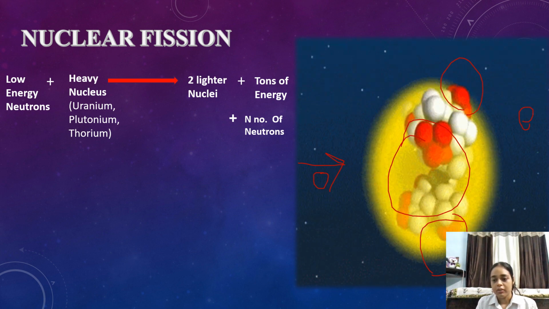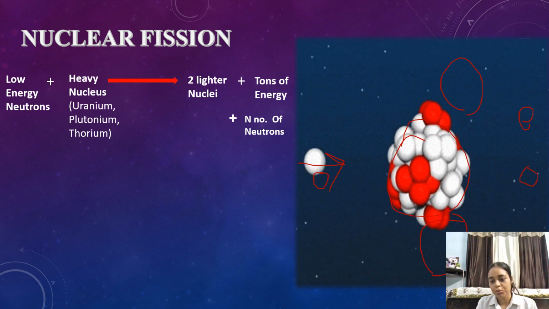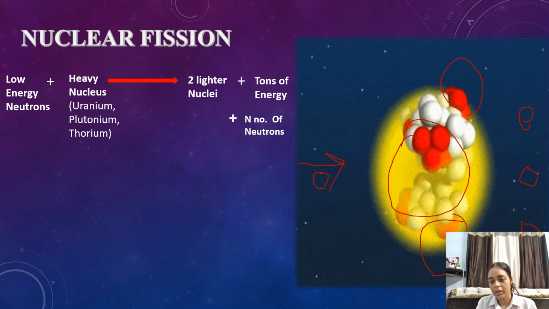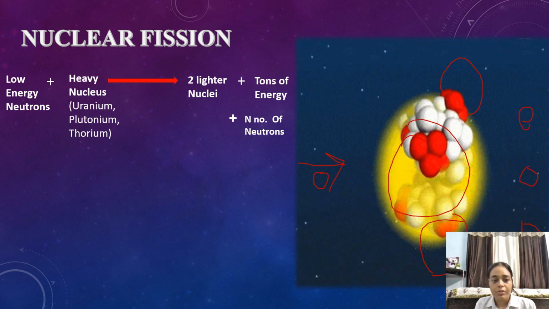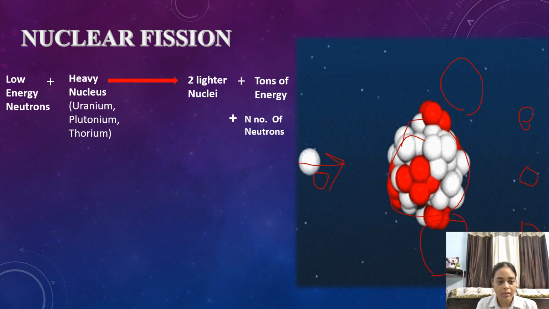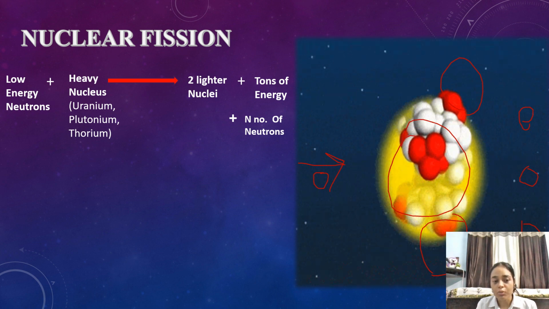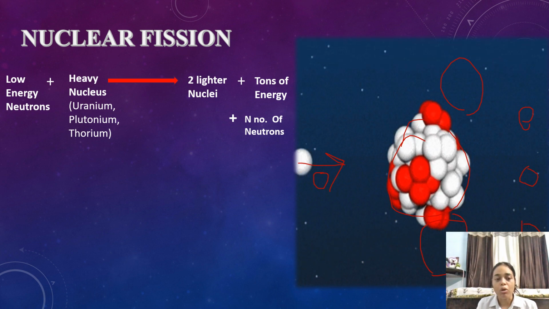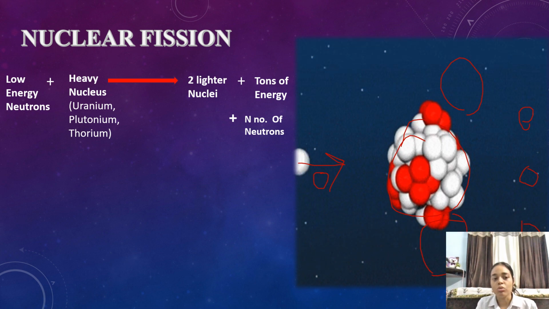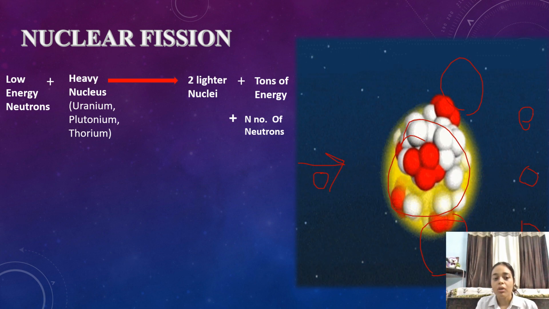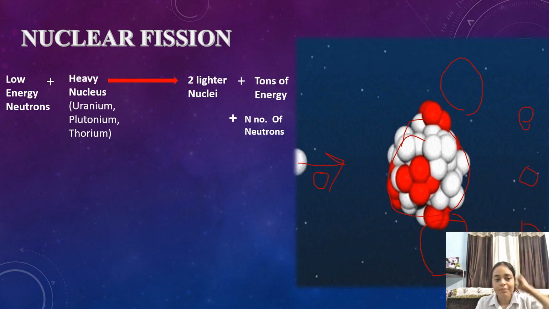Here, see this reaction, three neutrons are released here: 1, 2 and 3. So the reaction we can say is low energy neutrons bombarding a heavy nucleus. We can't take just any heavy nucleus, we have to take only radioactive nuclei.